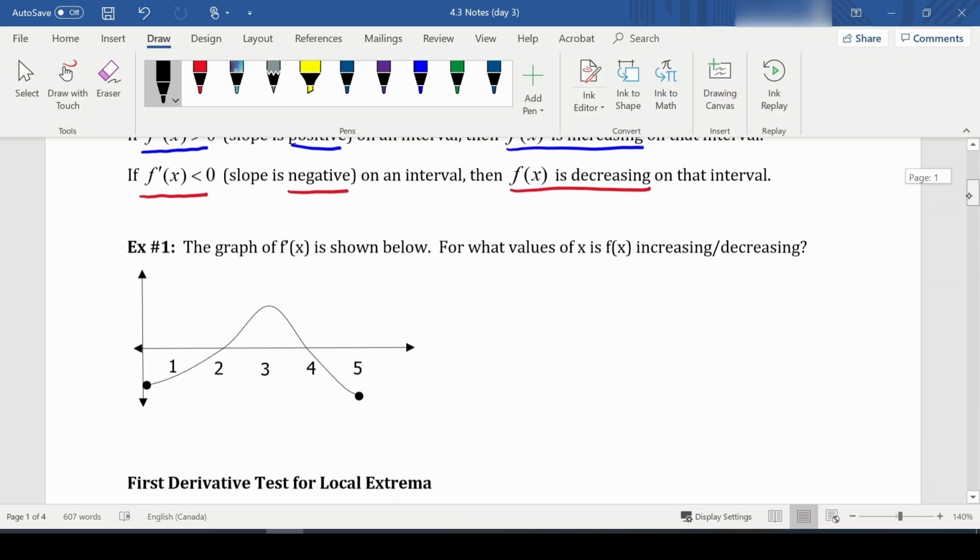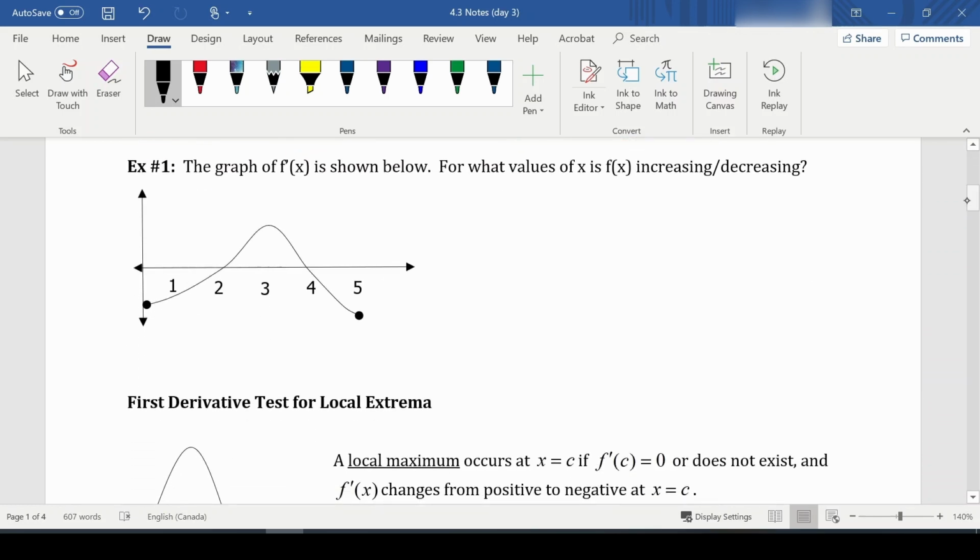Okay. So if I look at the graph below, this is f prime of x that is shown. We want to know where is f increasing or decreasing. So f would be increasing if f prime is positive, and f is going to be decreasing if f prime is negative. Now a reminder here, this is the graph of f prime. So the question is, where is f prime positive versus negative?